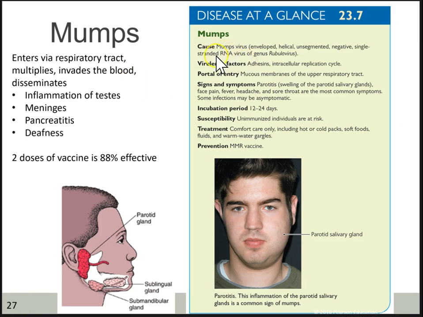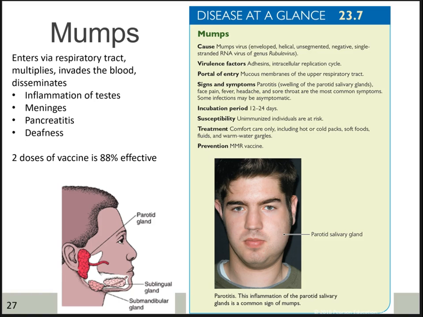Mumps virus causes mumps. It's an enveloped, helical, unsegmented, negative single-stranded RNA virus, and this can enter into the body via the respiratory tract, invade the blood, and disseminate. It can cause, rarely, inflammation of testes, meninges, pancreatitis, and deafness.